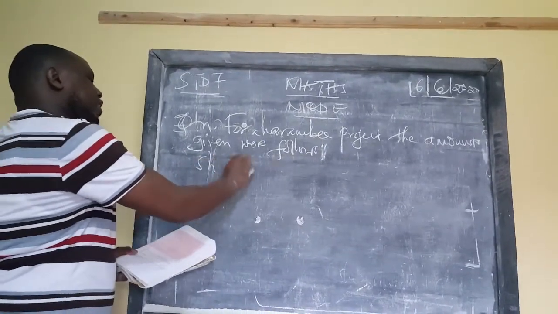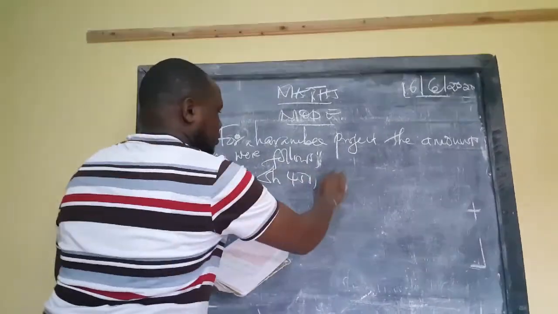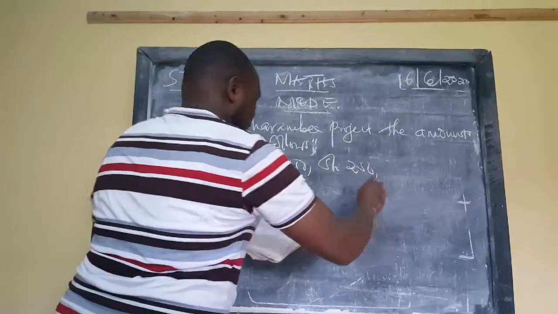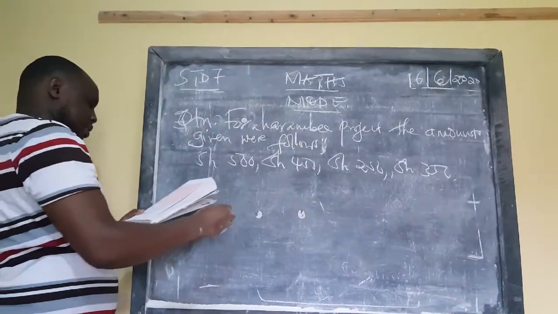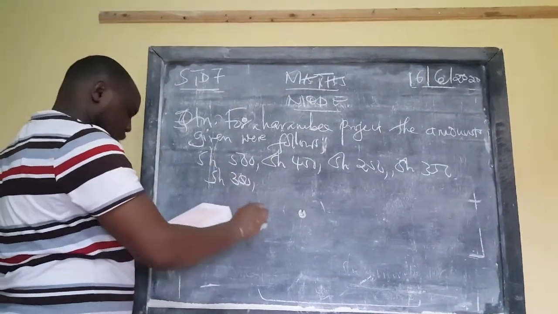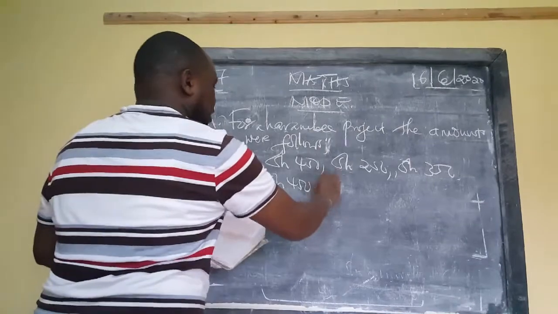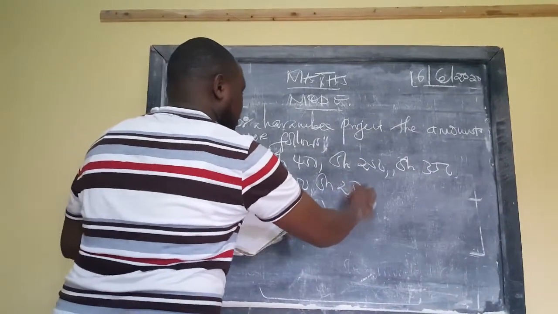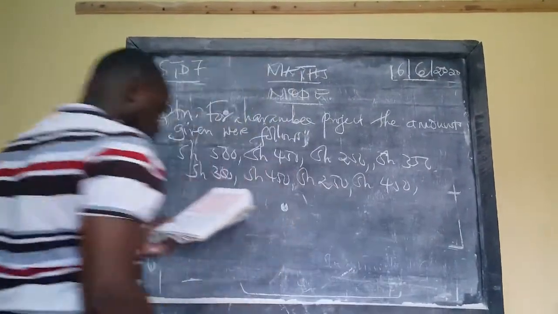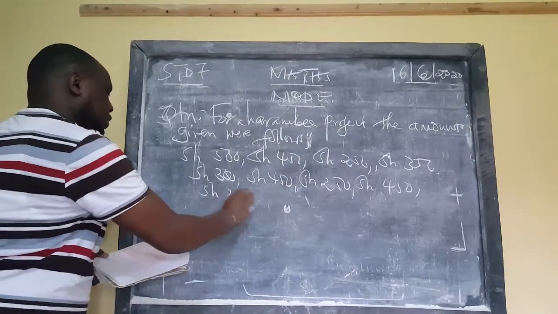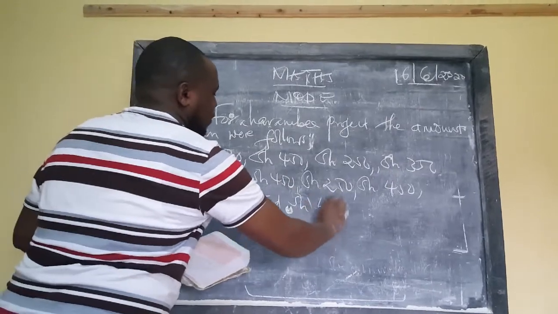So there was a card of 500 shillings, another card of 450 shillings, another 250, another one 350, another one 300 shillings, another one 450. So these are the people who are contributing. That's how they returned their cards. Another one 250, another one 450, another card showed 300 shillings, and another one 450 shillings.